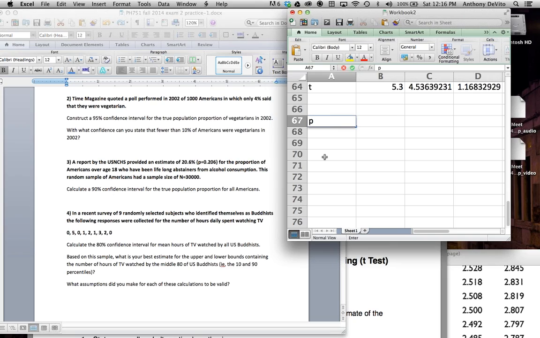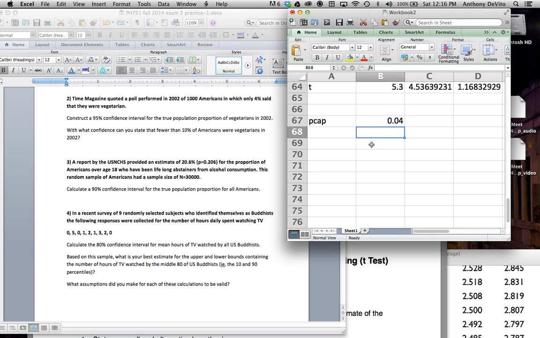I don't know what that is. I'm using this sample to help me predict what that might be, or what range it might fall into. What I do know is p cap. Very often we put a little cap on top of the p to represent a proportion of a sample, not of the population. So the proportion that I know is 4%, 0.04.